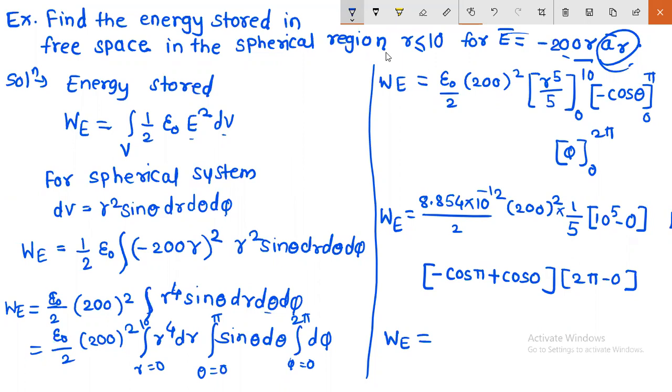Ma'am, 3.3442 into 10 raised to 19. Have a look, something is going wrong. Okay. 0.044. Have you solved it?